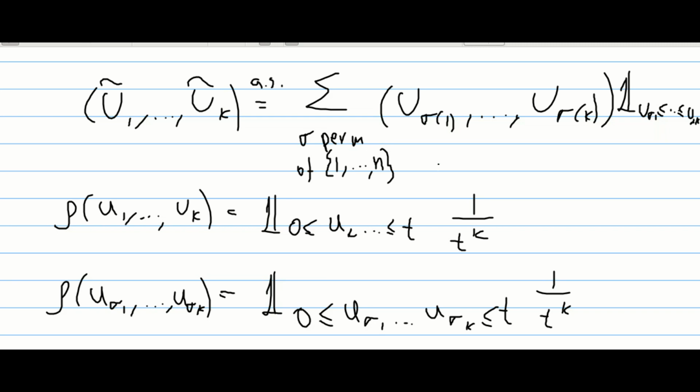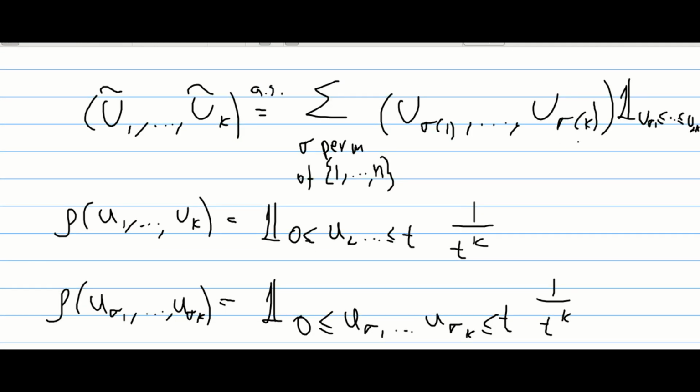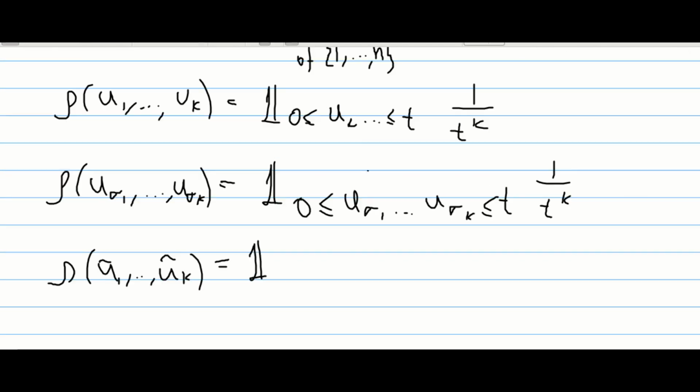But now, as we put this requirement that they are ordered when we define the distribution of the u tilde, we get that the distribution of the u tilde is going to be, of course, the ordering that is now very explicit here.